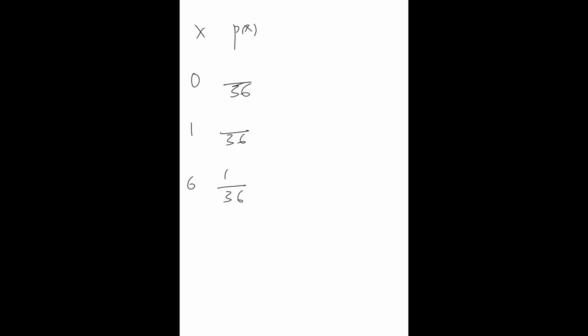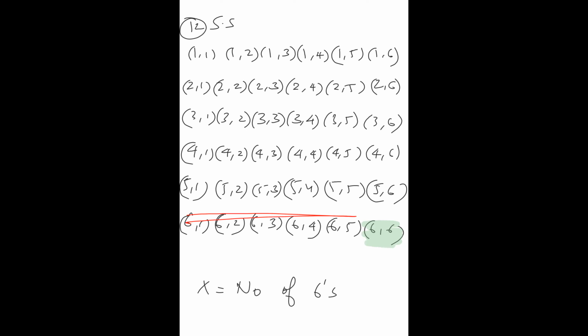For one six, let's go back to the sample space. See this, whatever I'm highlighting in red, these are the cases in which there is only a single six, right? So these are 10 cases out of 36 events.